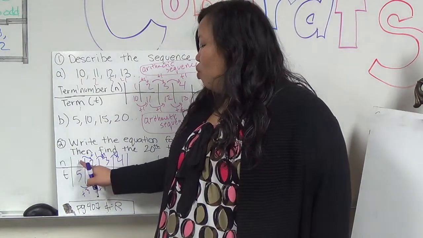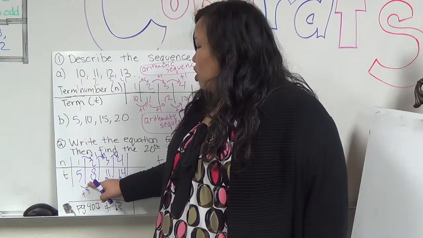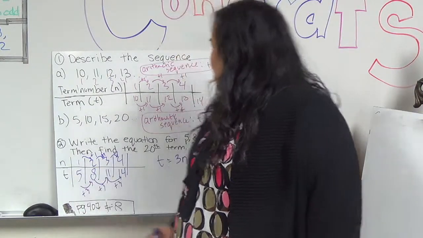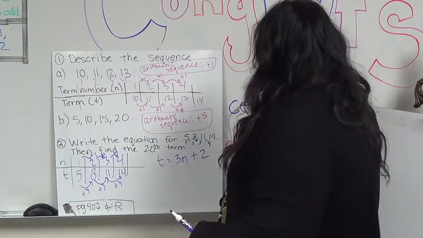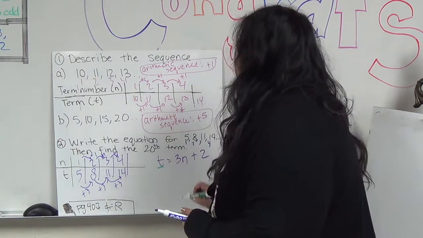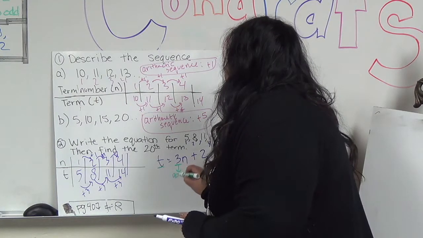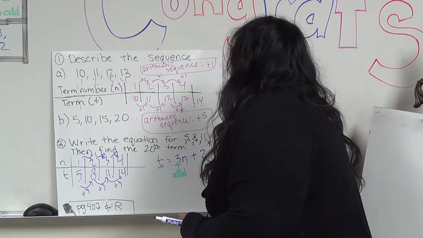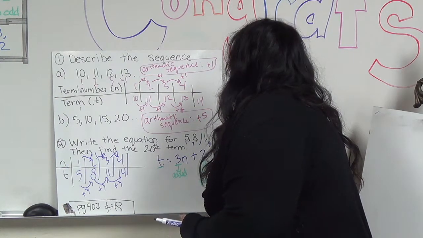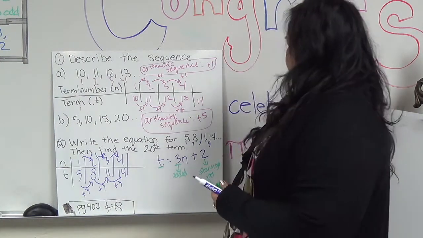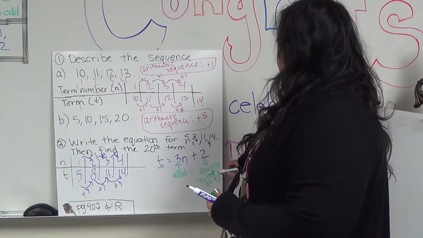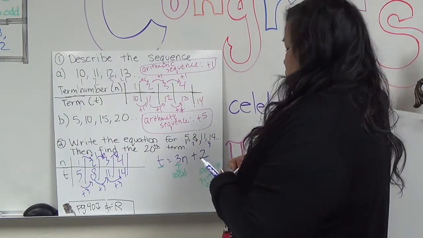If I know at 1 it's at 5, and it moves by 3, if I want to work backwards to 0, instead of adding 3, I would subtract 3, and that gives me 2. This would be my equation. This is my t, this is how much I added, and this is my starting point at 0. So I have to move backwards from 1 to find my starting point at 0.